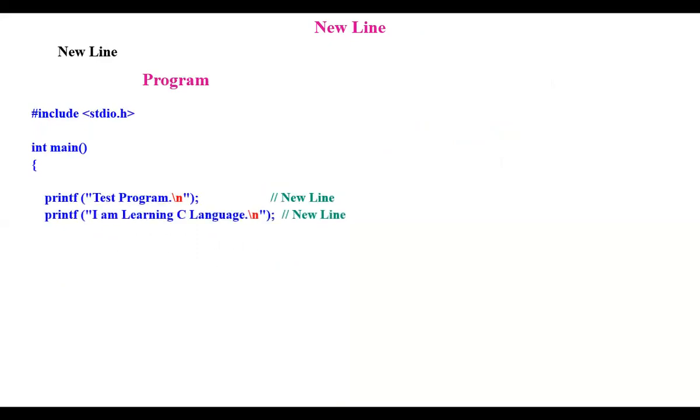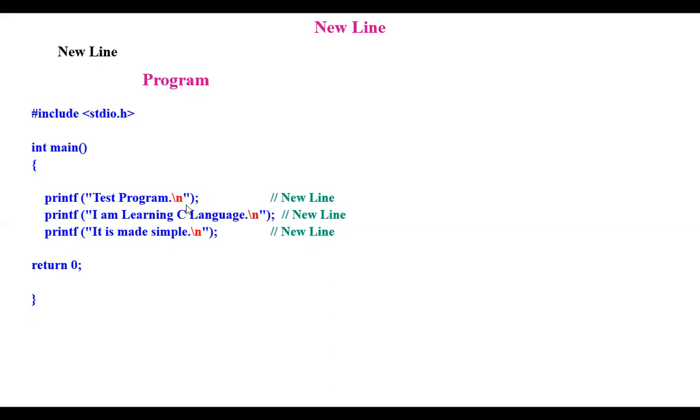New line. When you come to the program, suppose I have written the program like this. I have introduced in the printf statement, within these quotes, it must be within these quotes only, this \n.